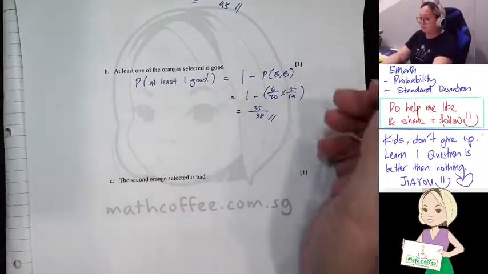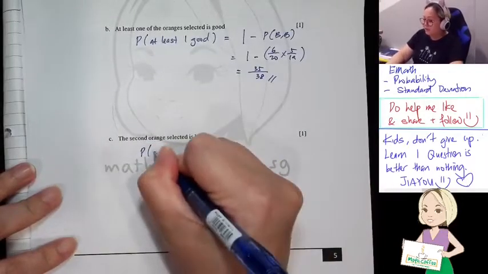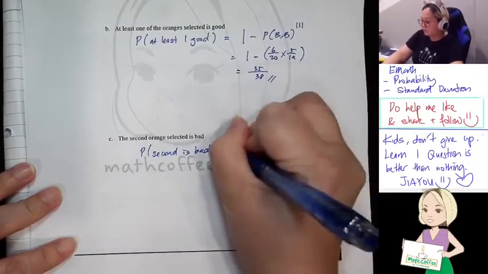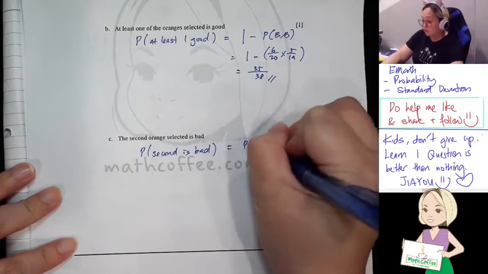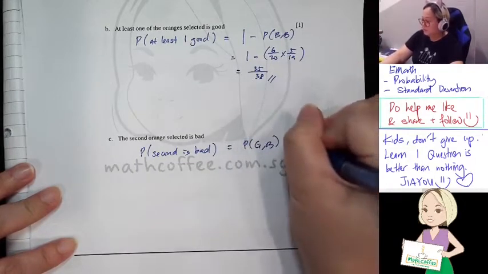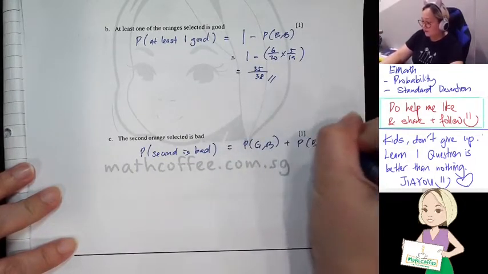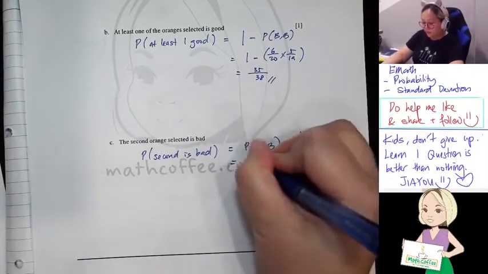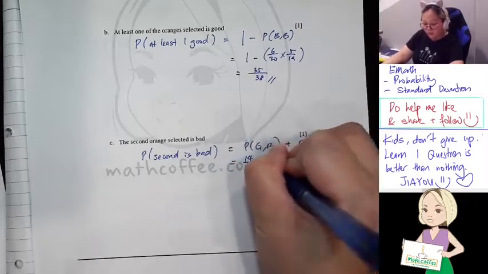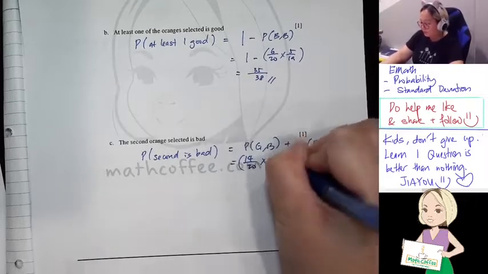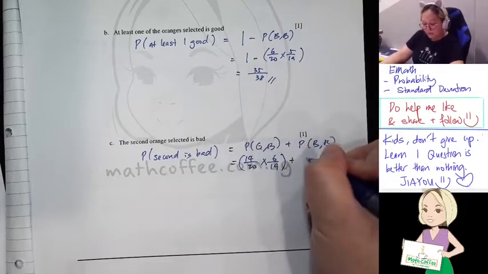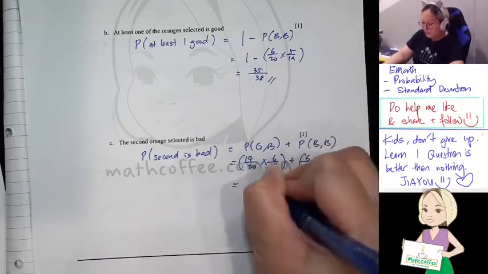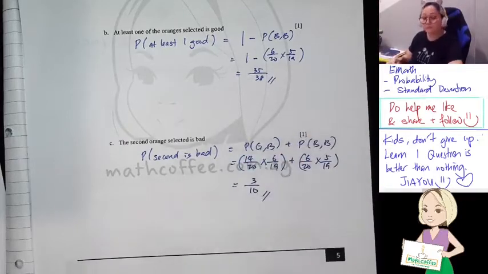So it means that probability second is bad will be probability of GB plus probability of bad. Agree? So this GB will be 14 out of 20 multiplied by 6 out of 19, plus bad is 6 out of 20 multiplied by 5 out of 19. And we will get 3 out of 10. Done.